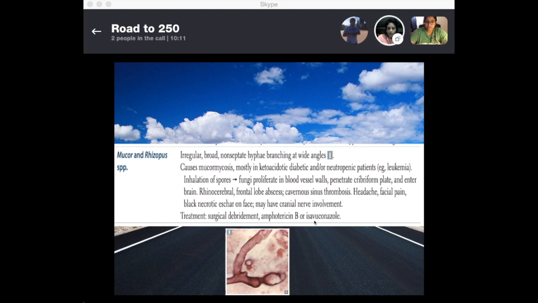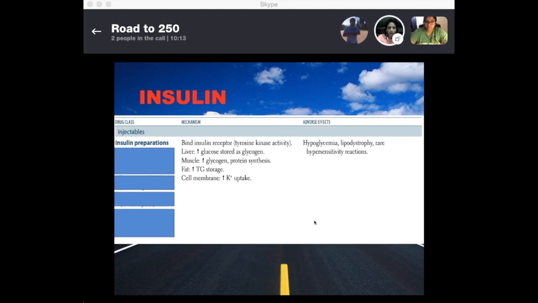Okay, so moving along the topics. Insulin. I'm going to talk about injectables. I want to start off by asking you guys, how are the insulin injectables broken down in terms of their categories? By their duration. Yep.